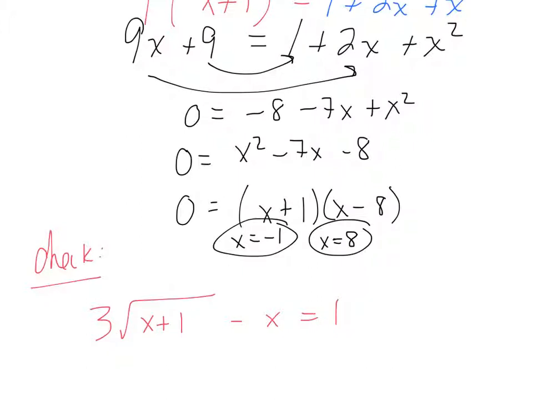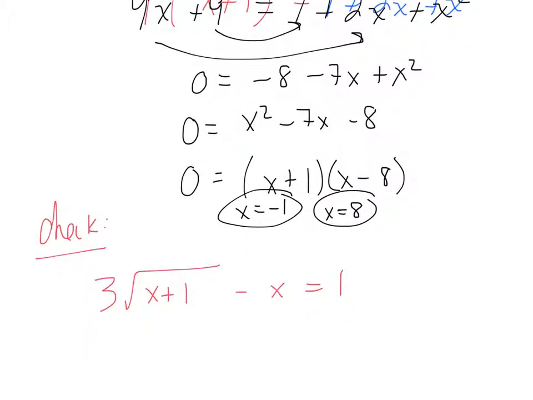All right, so let me try the 8 first. If I plug an 8 in here, I'm going to get 8 plus 1, which is 9. Square root of 9 is 3. 3 times 3 is 9, and 9 minus 8 is equal to 1. That is true. That works.